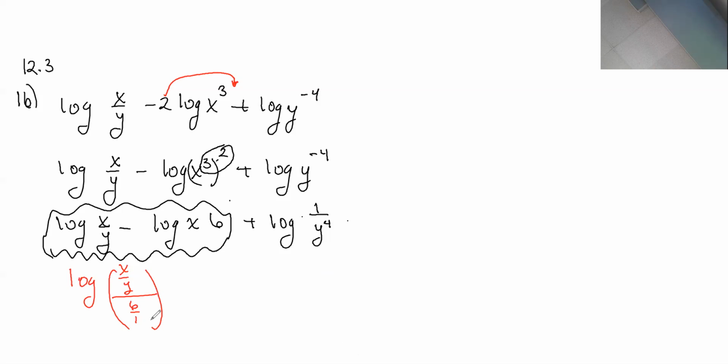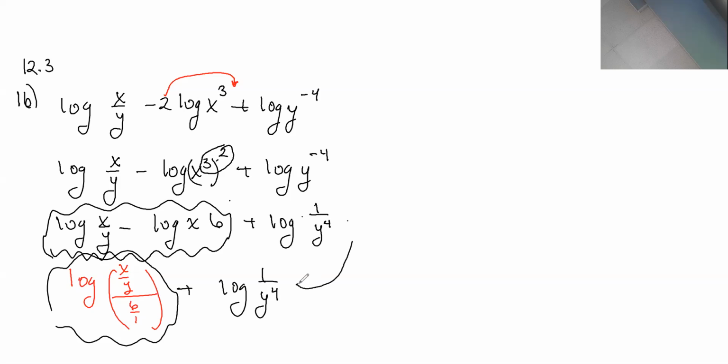Do you guys see how I did that? Everything else stays the same. Plus log of 1 over y to the 4th. What I did right here is I wrote it as a fraction, first part over the second part, and I did that because of the subtraction sign.